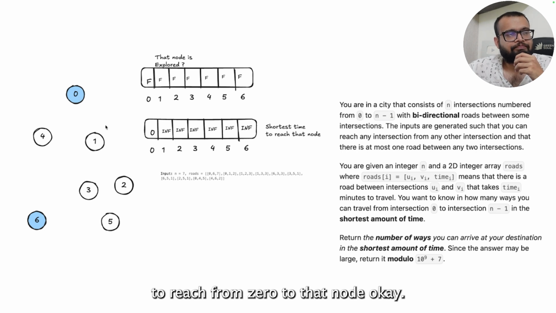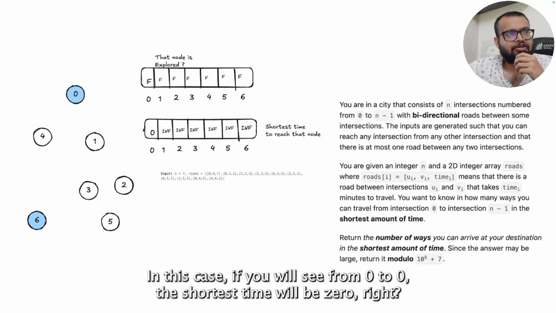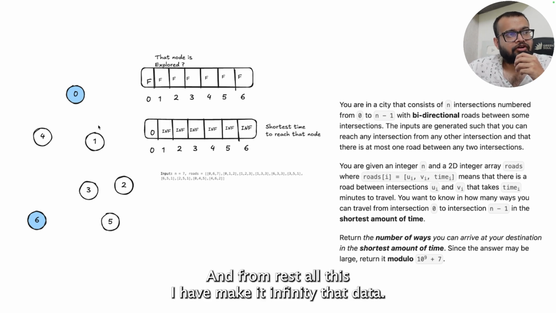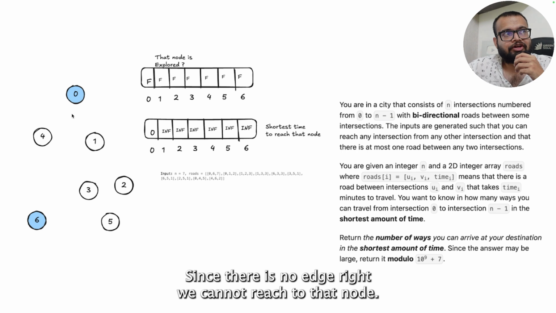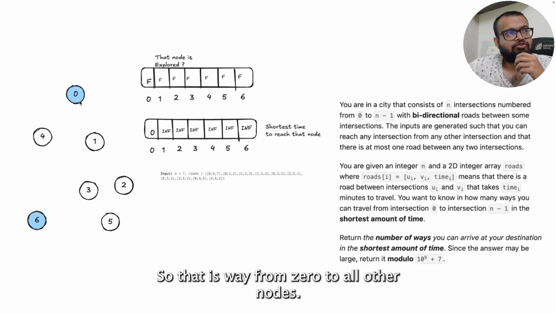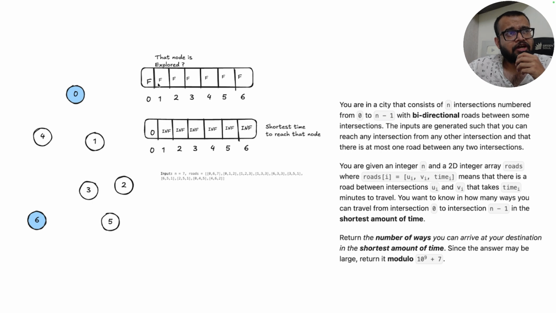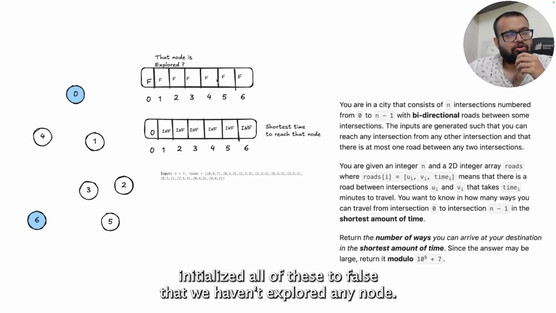In this case, from 0 to 0, the shortest time will be 0, right? And for all the rest I have made it infinity, since there is no edge yet and we cannot reach those nodes. So from 0 to all other nodes it will be infinity. And I have initialized all of these to false, meaning we haven't explored any node.